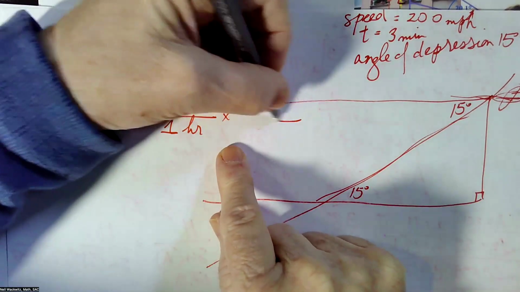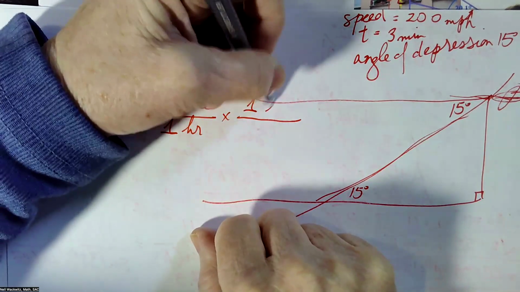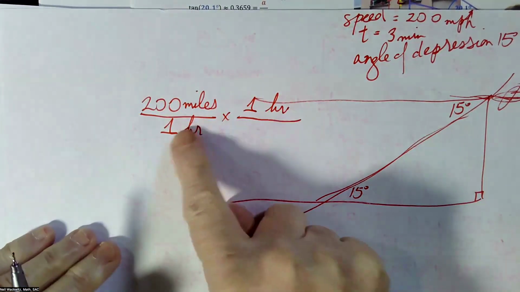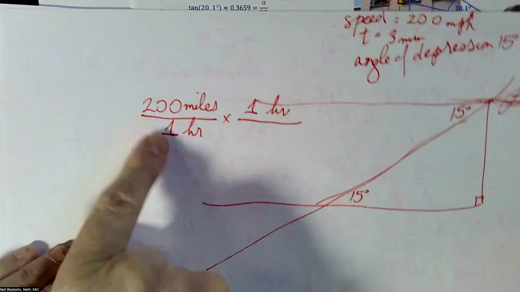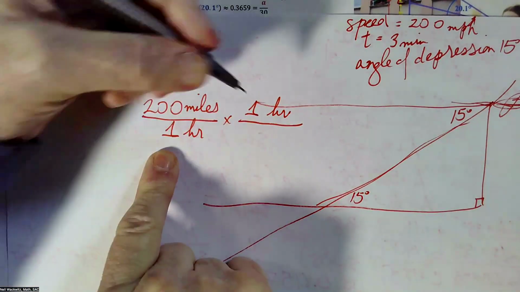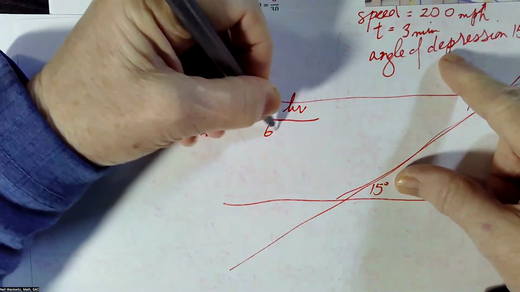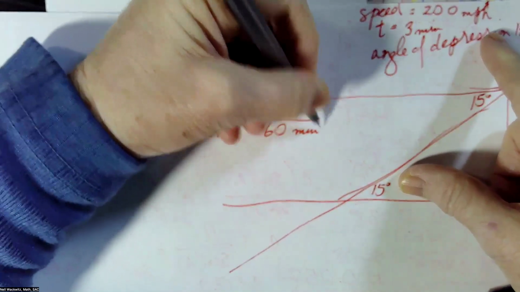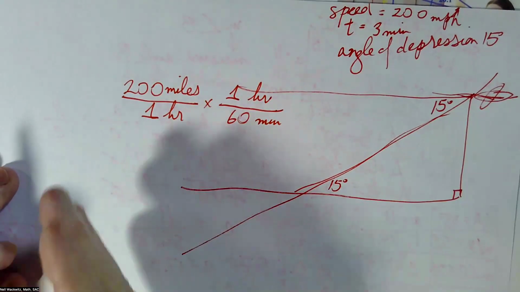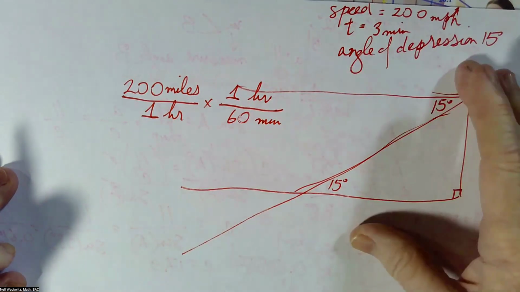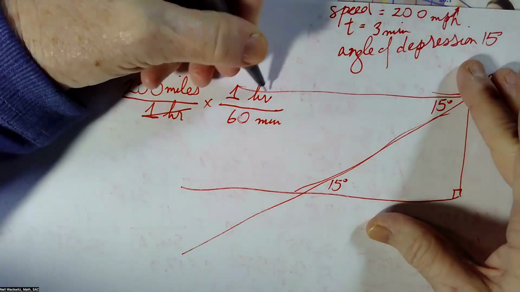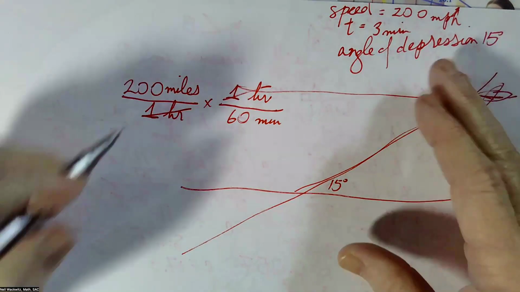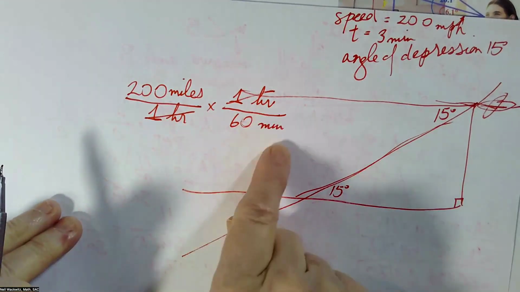So 1 hour. And I know to put hours on the top because I've got hours on the bottom in the beginning. 1 hour is 60 minutes. So if I multiply by 1/60, I can divide hours out and I get miles per minute.